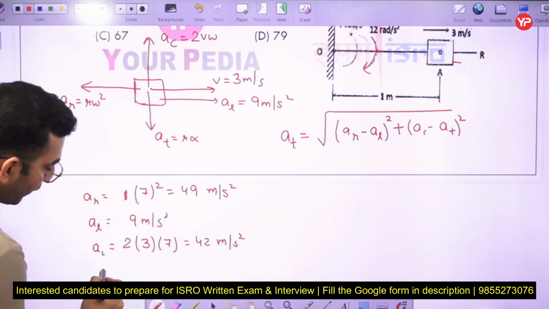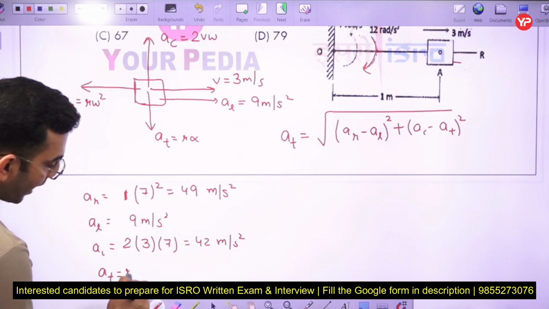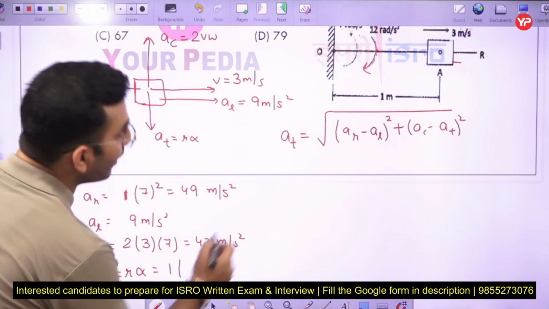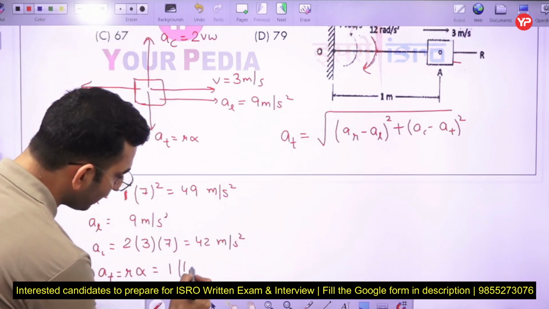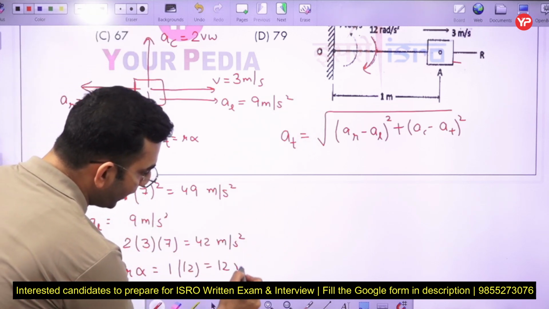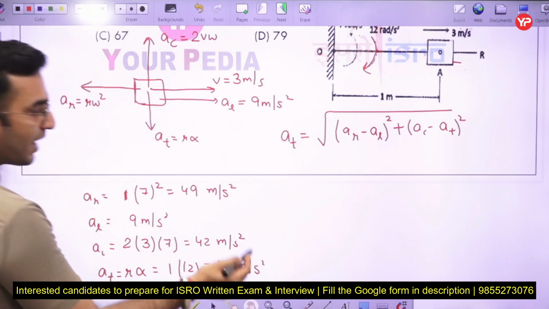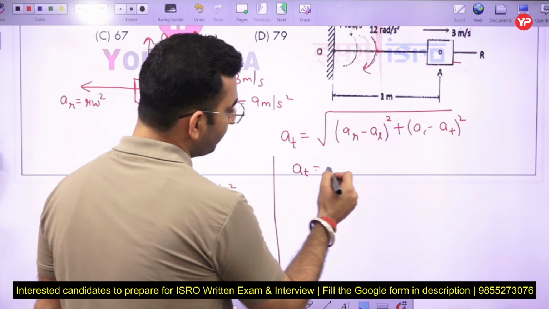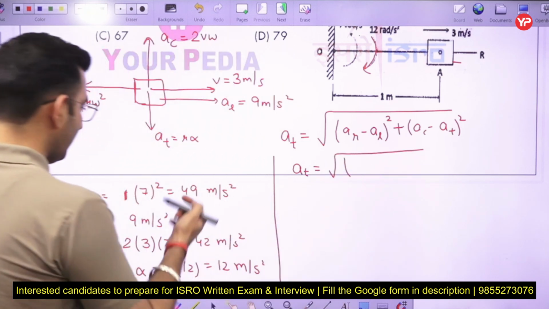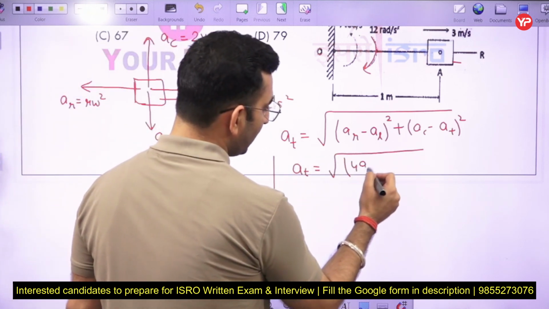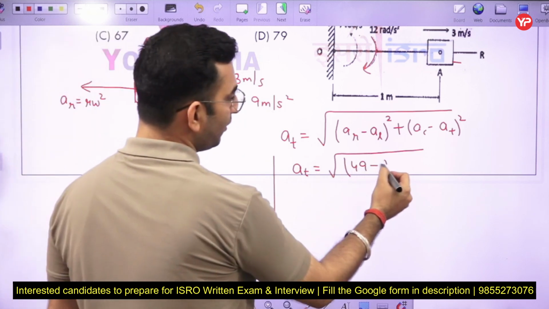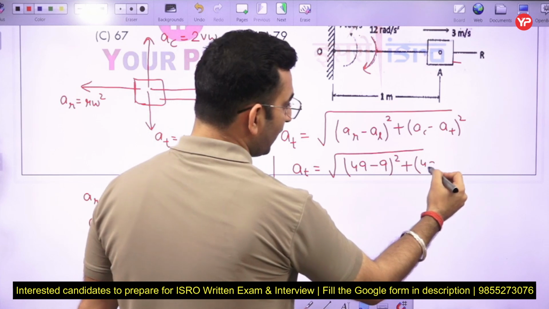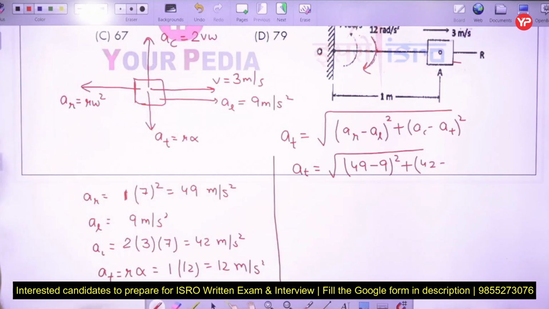Along with that we have a tangential acceleration also, which has a magnitude of r into alpha. Here you can see r is given as 1 and alpha is given as 12, so it will be equal to 12 meter per second square. So if I calculate the value of the total acceleration, it is going to be equal to radial acceleration, that is 49, linear acceleration, that is 9, plus Coriolis acceleration, that is 42, and tangential acceleration as 12 meter per second square.